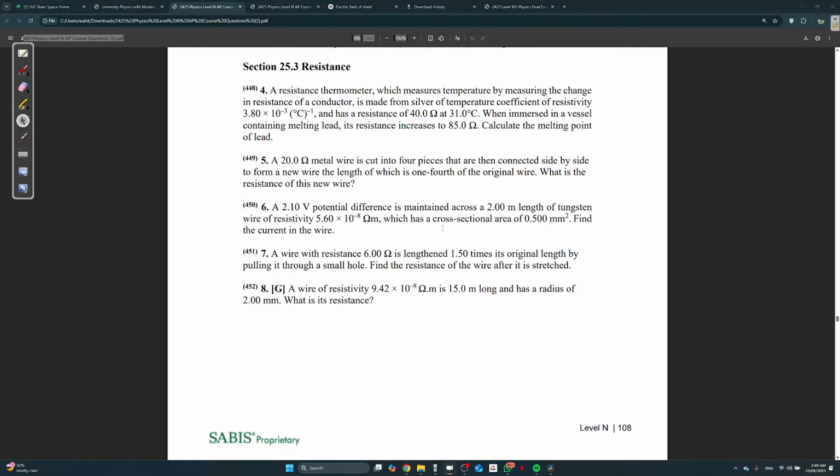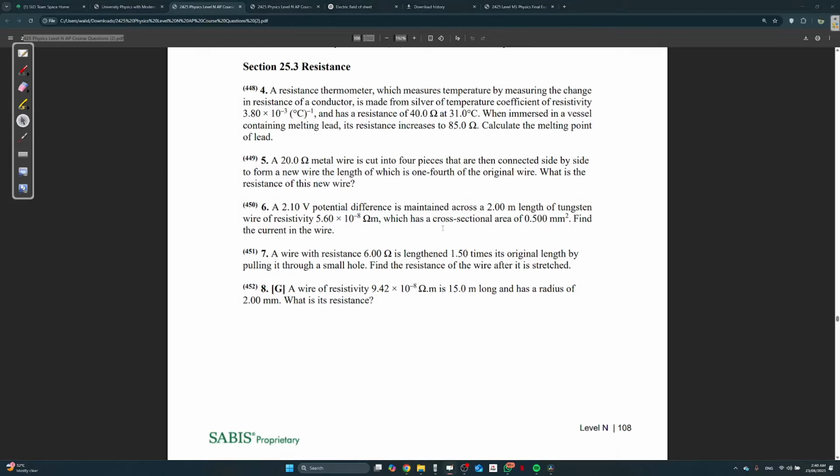Perfect. So now we follow the same steps we did earlier. We know resistance is originally 6, and that's equal to rho L over A. Now R2, which we're trying to find, is equal to rho L prime over A prime. We found that L prime is 1.5 L, so rho times 1.5 L over A prime, which is A over 1.5. So you're dividing this by this.